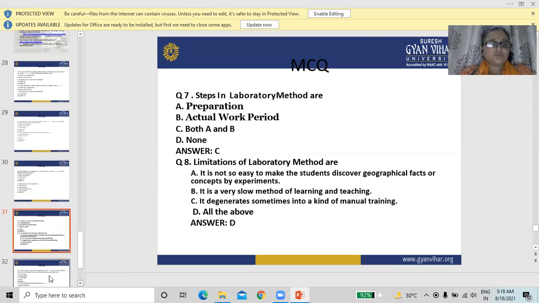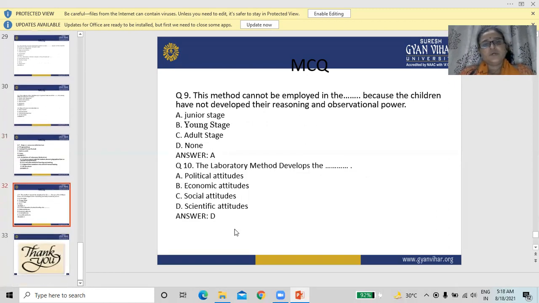Next MCQ. This method cannot be employed in the blank because the children have not developed their reasoning and observational power. Option A, junior stage. Option B, young stage.